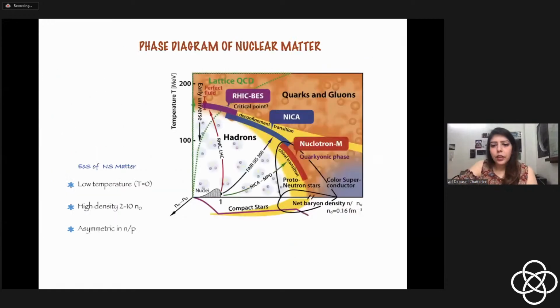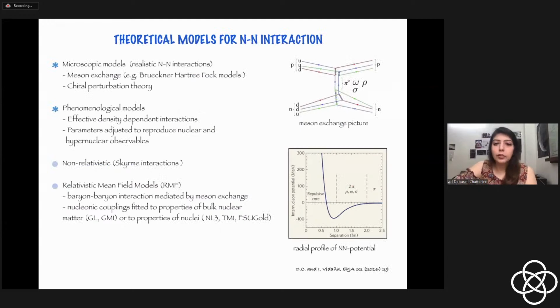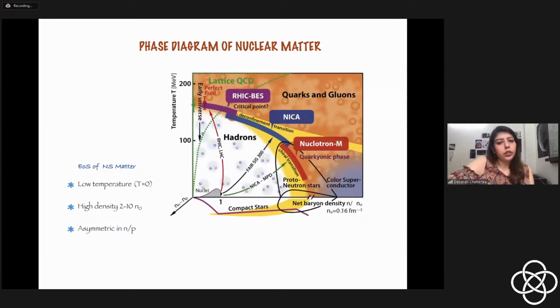Now, what do experiments tell us? Because here we talked about fitting them to experiments, right? Remember that experiments don't give us the whole picture. And why is that? This is a diagram of the behavior of matter at different densities and temperatures.